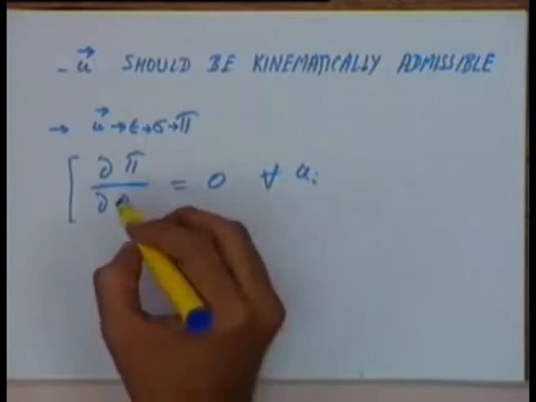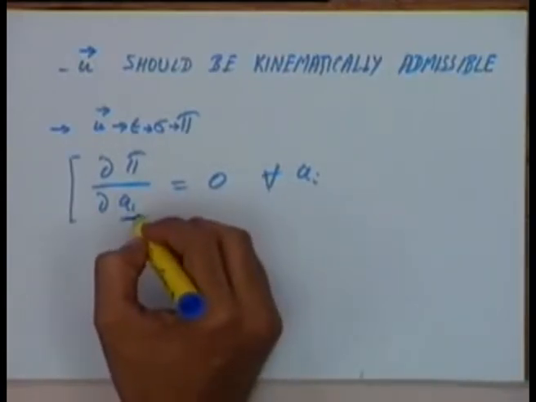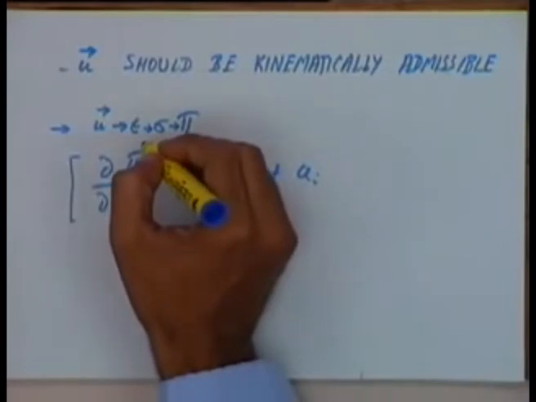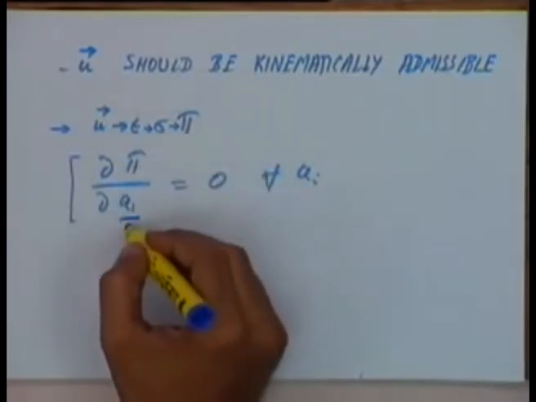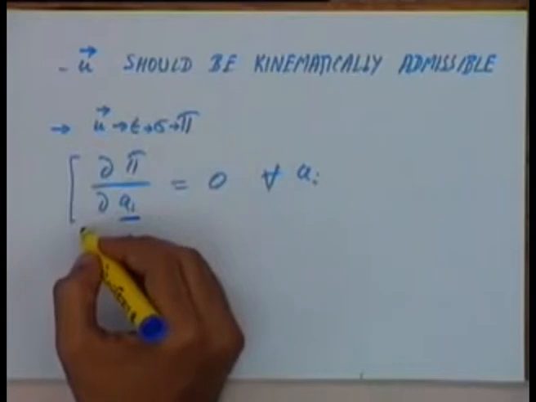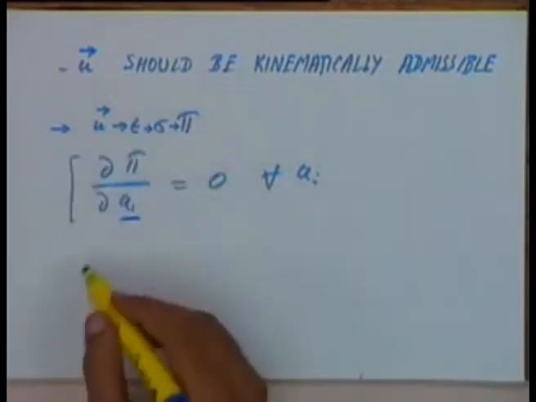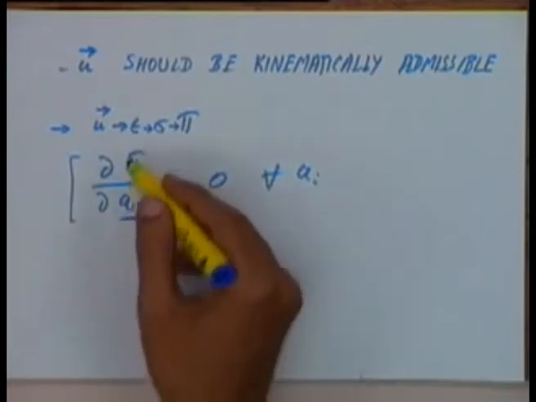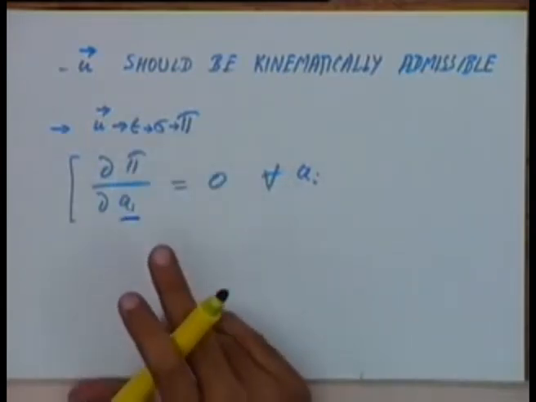Essentially what we are doing is we have to find out the value of these ai's, and we know the expression for pi. Since we know pi, in order to find the ai's, we will get a system of equations from this, and we will solve those equations simultaneously to get the value of ai. So that is the basic procedure we are going to follow.